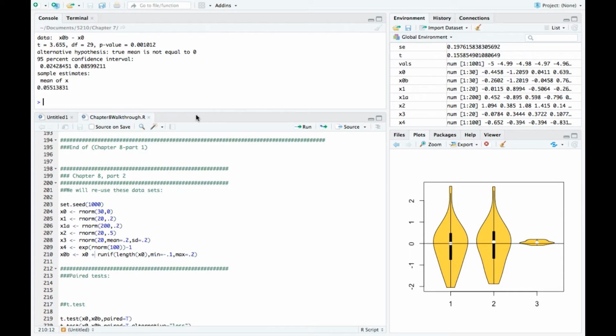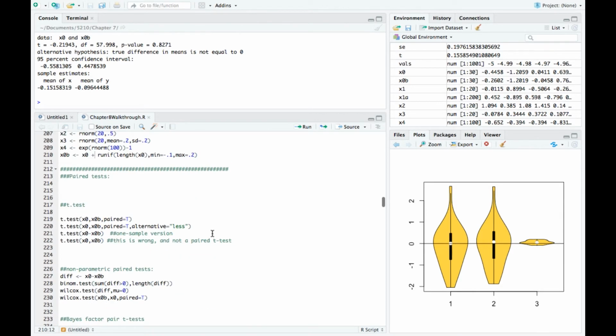As we'll cover after this, if you have independent samples and we wanted to do x0 versus x0b, here we don't see a difference. So if we do a t-test between these two, we don't see a difference, but because we have repeated measures, when we subtract the two and do a one sample t-test, we do see a difference.